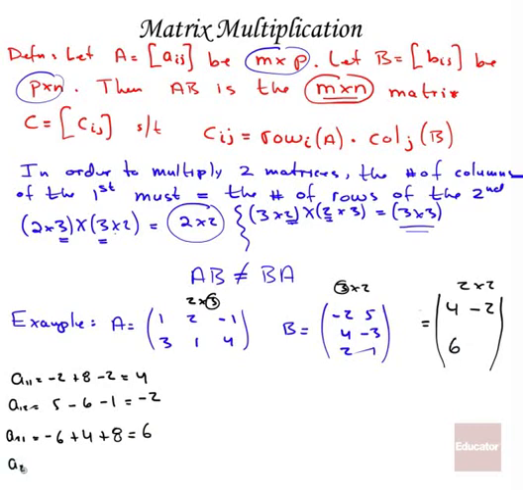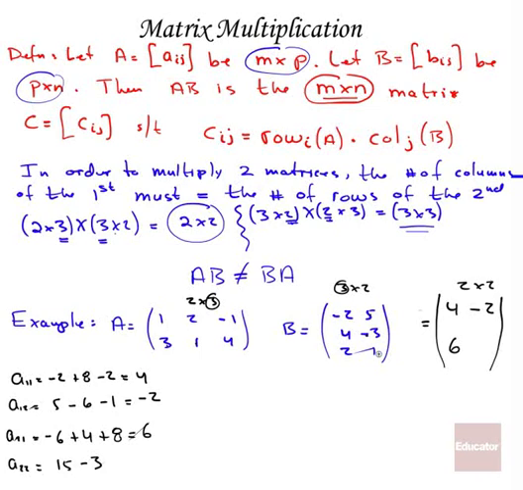And now we have our last entry, which is the 2, 2 entry, second row, second column, which means we take the dot product of the second row of A with the second column of B. 3 times 5 is 15. 1 times minus 3 is minus 3. 4 times, is that a minus 1?